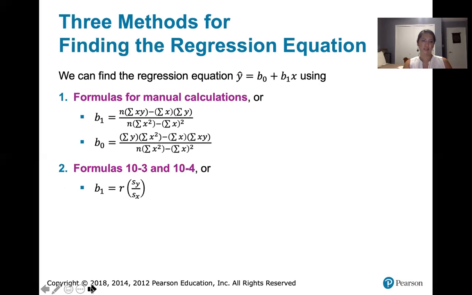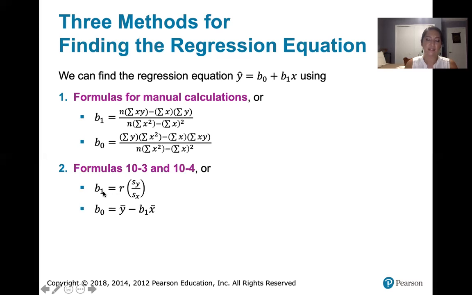Now, these formulas 10.3 and 10.4 are also based on the samples themselves, but they're a little bit more succinct. And now I know that these formulas look simpler, but there's actually a lot more to do here in order to use these formulas.